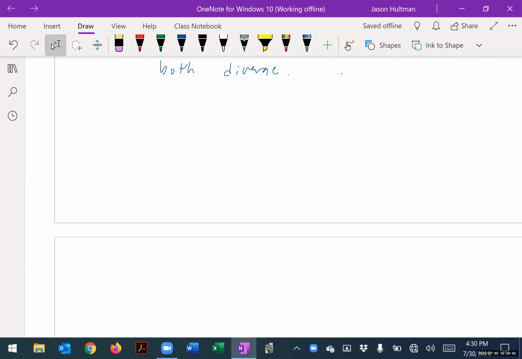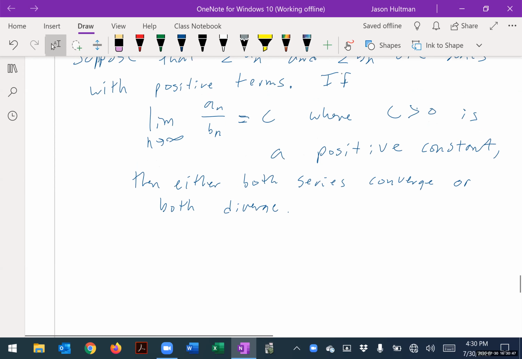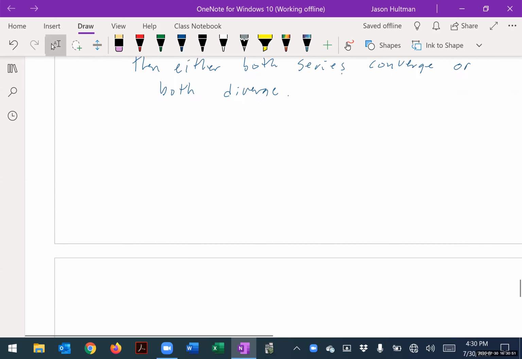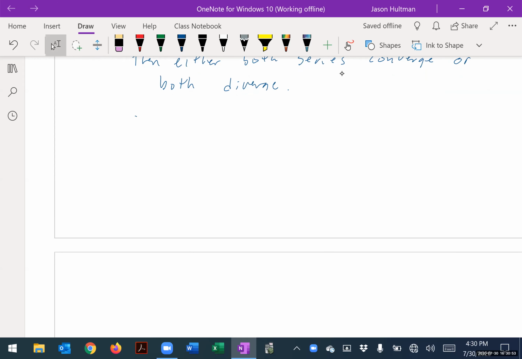So let's look at what we did on the last one. We said a sub n was equal to 5 over 2n squared plus 4n plus 3. B sub n, which we were comparing it to and know converges, is 5 over 2n squared.